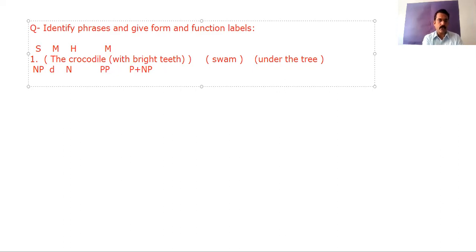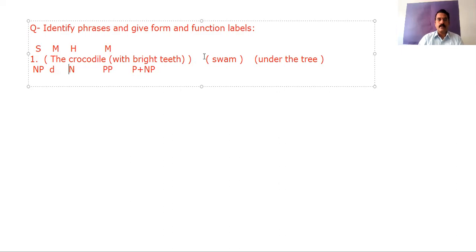So this is the analysis of an NP functioning as subject. So head is crocodile, noun. Then we have pre-modifier, the determiner. We have post-modifier, PP, that is prepositional phrase, and the analysis of PP, that is P plus NP.